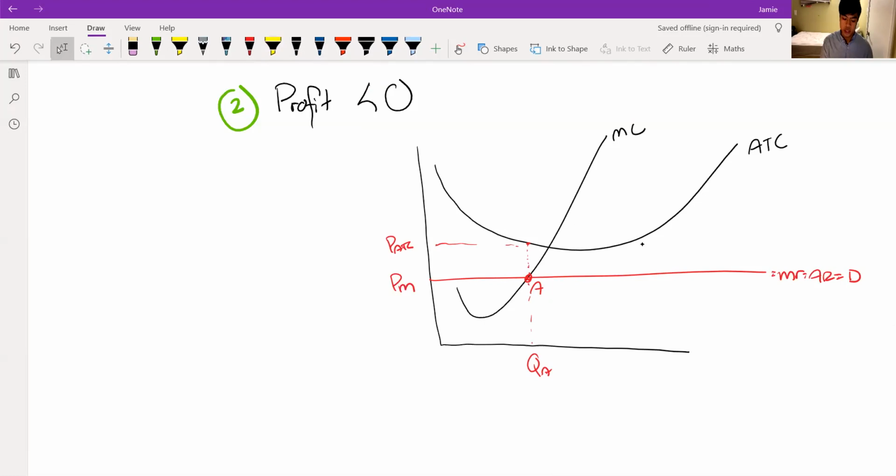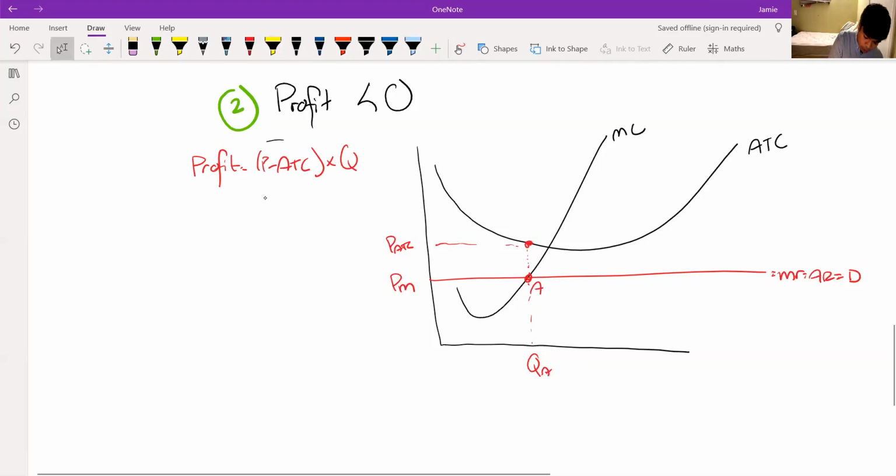So again, our formula for profit is equal to price minus average total cost, times quantity. So let's look at the difference between price and average total cost. Well, average total cost is higher than price, which means that this value here is less than zero.